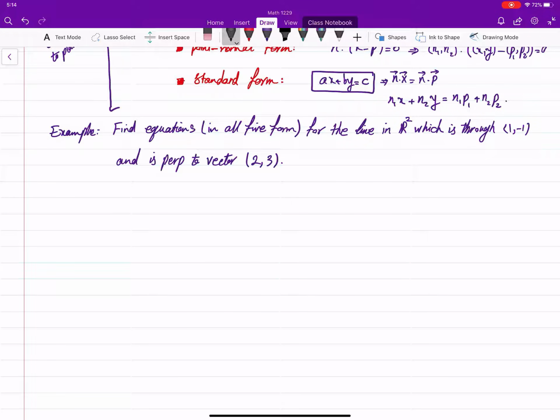The information given is that we have a point (1, -1) and a normal vector (2, 3). In this case, right away we can write the point normal form.